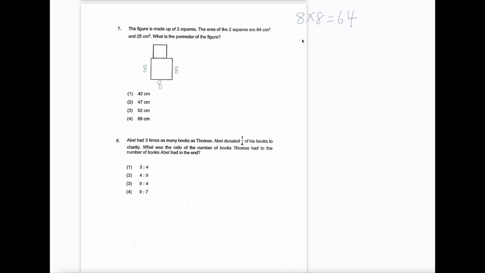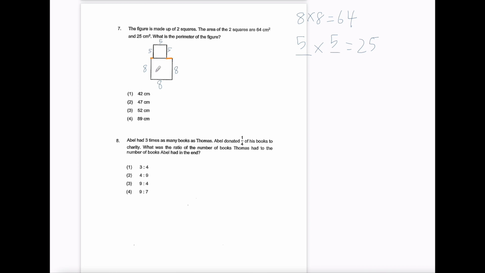So what times what gives you 25? It is 5. Your multiplication has to be pretty strong. So this is 5, 5, and 5. We are short of this part. Because we're finding perimeter, we need to find this part.